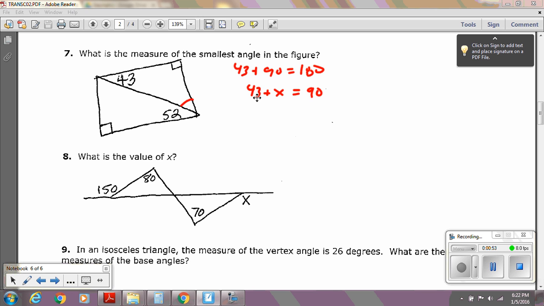So I'm just looking for the other half to equal 90. So I would subtract 43 from 90, and that would give me my missing angle, which is 47 degrees.